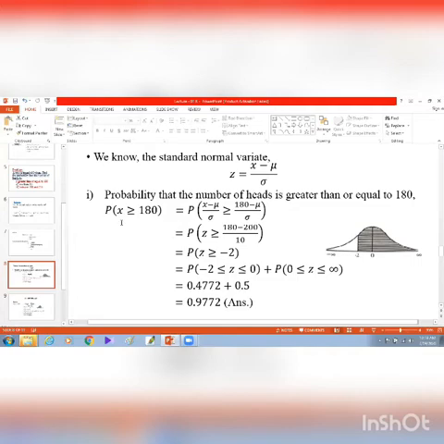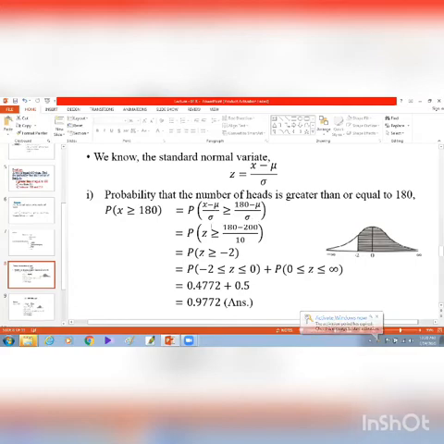Now let's see the first problem: the probability that the number of heads is greater than or equal to 180. That means probability of x greater or equal to 180. If we subtract mu on both sides and divide the difference by sigma, we get probability of x minus mu divided by sigma greater or equal to 180 minus mu divided by sigma.